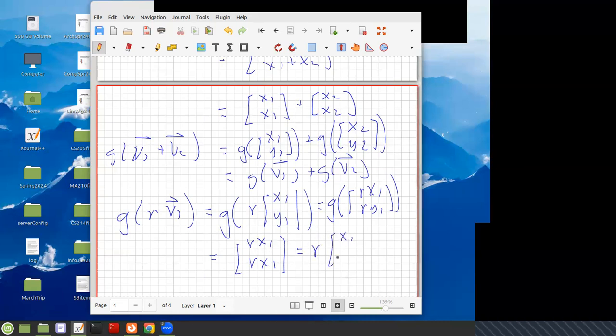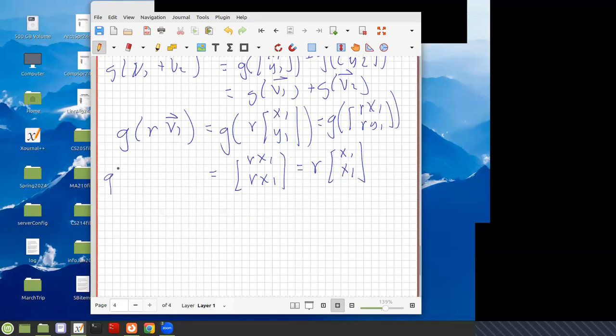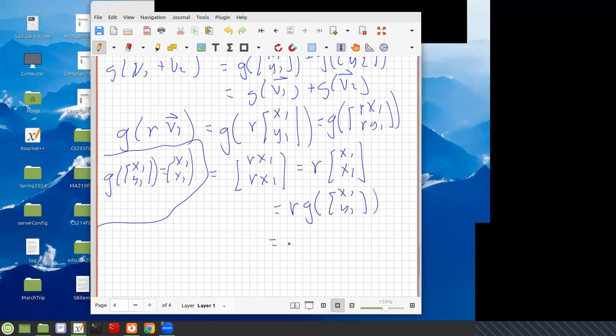That's R times X1, X1, right? And I know that the image of X1, Y1 equals X1, X1. So therefore, this is equal to R times the image of X1, Y1, which equals R times G of V1. So that's the second property. Therefore, G is linear.